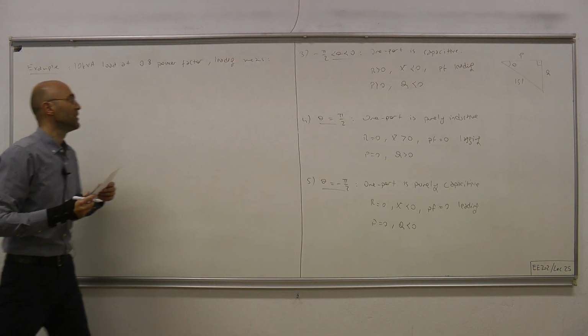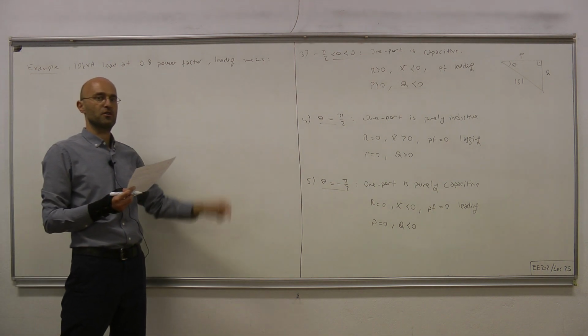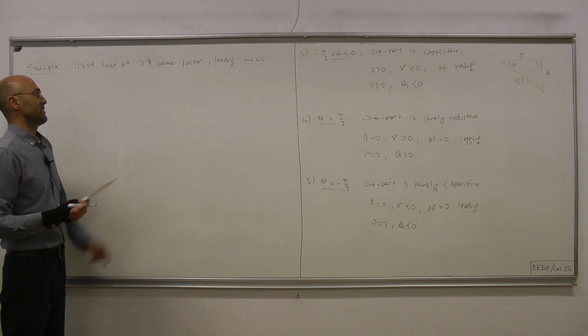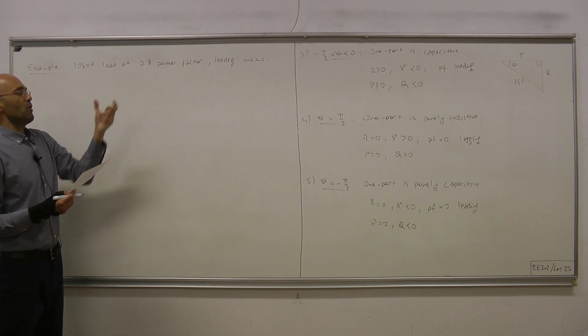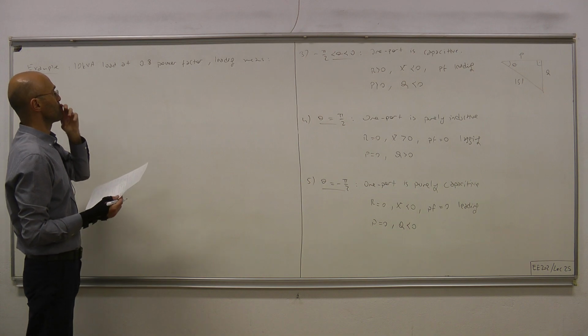This means what? Now we have the power factor, so cosine of the phase difference between voltage and current is 0.8. So what's the phase?